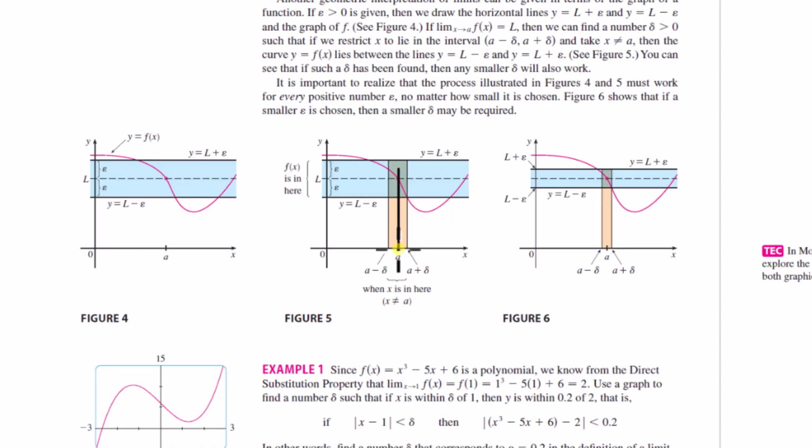The intersection point of the vertical line x equals a and the horizontal line corresponding to the output value being boxed in as delta gets smaller and smaller, where these two lines intersect. The idea is, as we get closer and closer to a, coming from both sides, according to the definition of the limit, what we have graphically is a continuous unbroken curve.